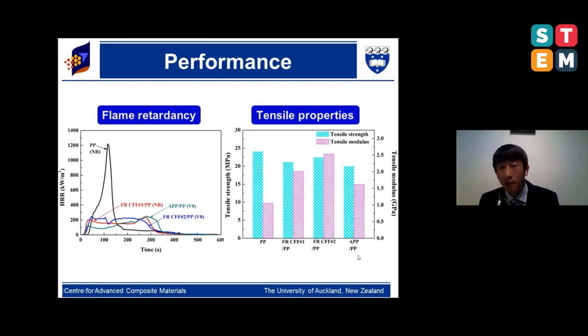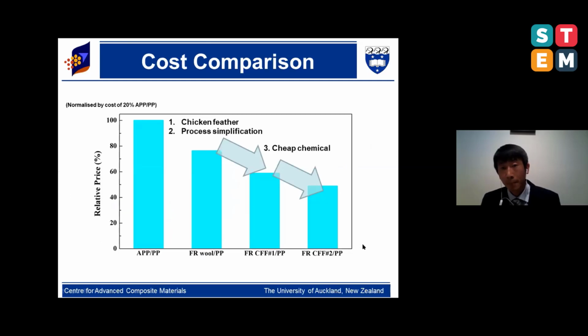However, the composite with melamine phosphate, that is FR CFF number 2, achieved the best tensile strength compared to that of other composites. So we compared the relative price of this composite.